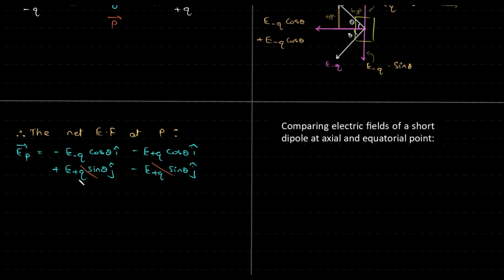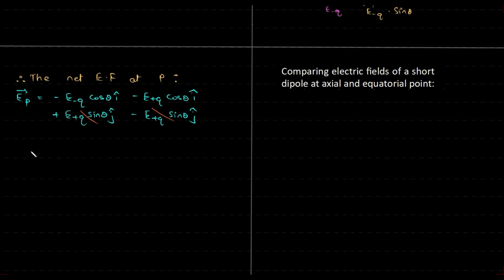Agree, guys? And in this case, the magnitudes of these two sets of charges are equal. From this, what can we tell? Therefore, this result will be minus 2 times E minus Q cos theta i cap.